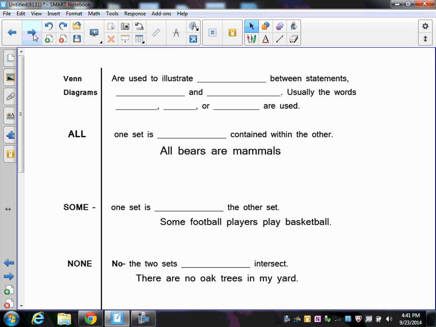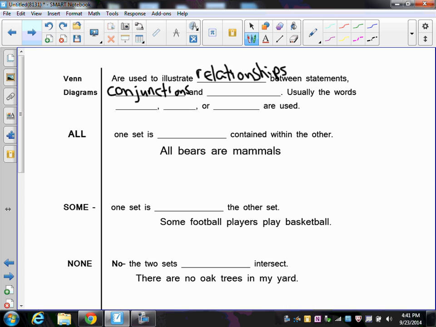The other part of this section talks about Venn diagrams. We talked about Venn diagrams a little bit and how they relate to conditionals in the last section. But the definition we're going to use here: Venn diagrams are used to illustrate relationships between statements and the two words we just learned, conjunctions and disjunctions.